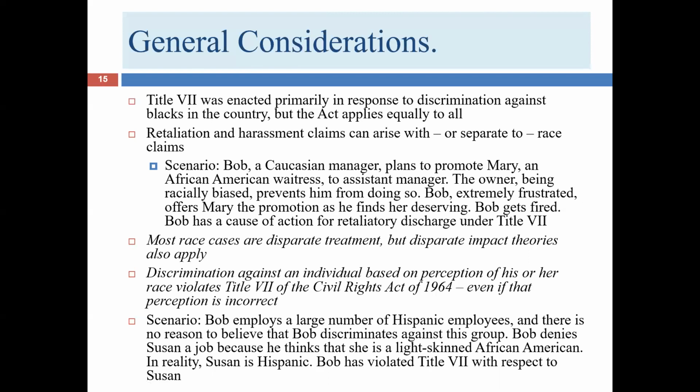So you can have disparate treatment even when the person engaging in it is unaware of the true motivation. In addition to disparate treatment claims, though, we also have disparate impact theories. So if you have a rule that negatively impacts African Americans, even if it's facially neutral, then that's going to raise all those disparate impact theories that we've discussed before.